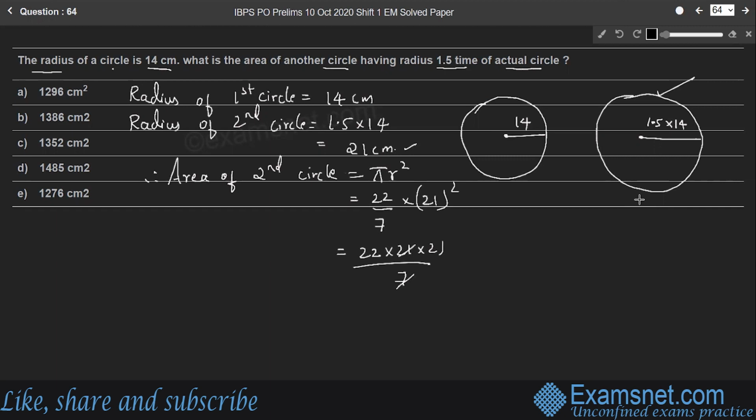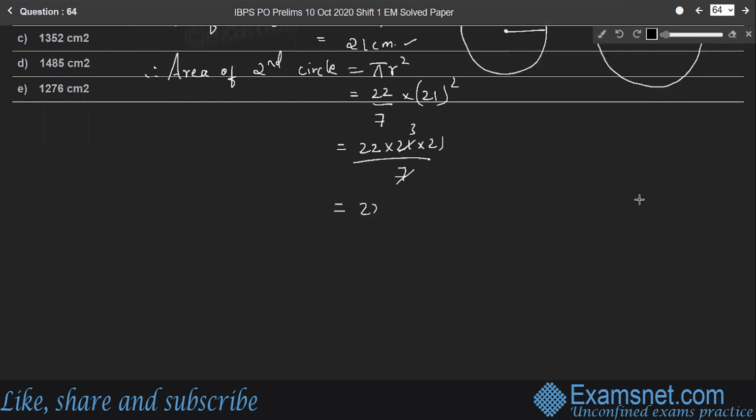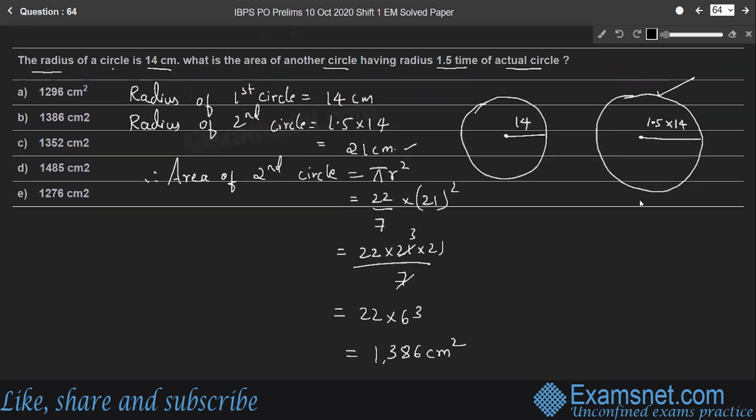So 7 into 3, therefore we get 22 into 63. You get 1386 centimeters square. Therefore, option B is the right answer. The area of the second circle is 1386 centimeters square.